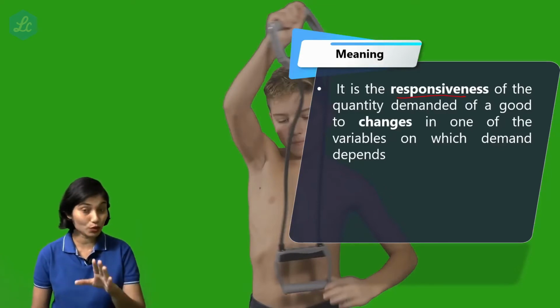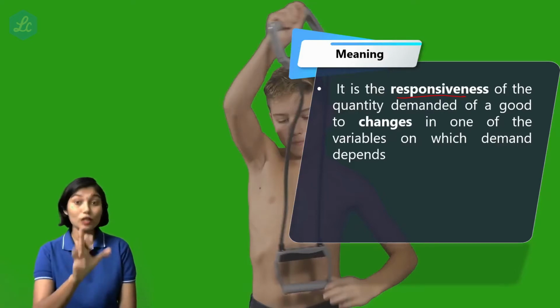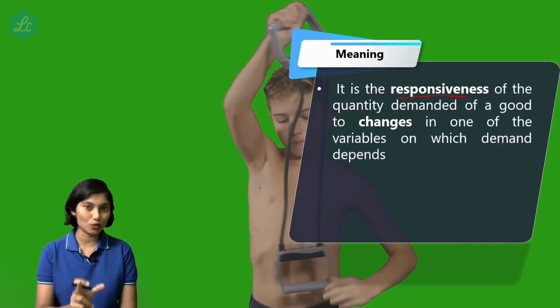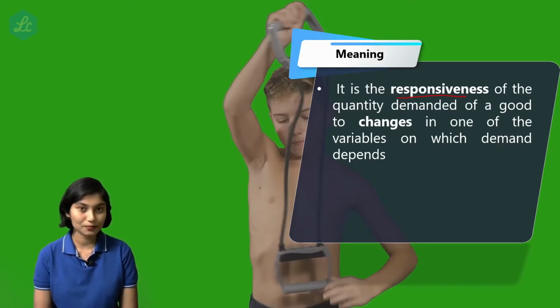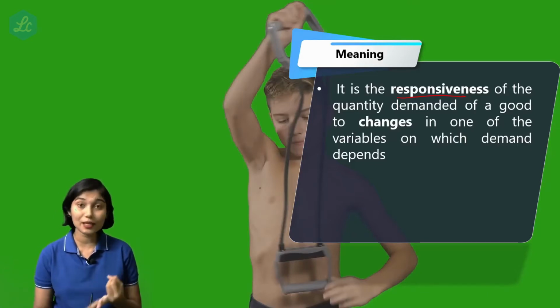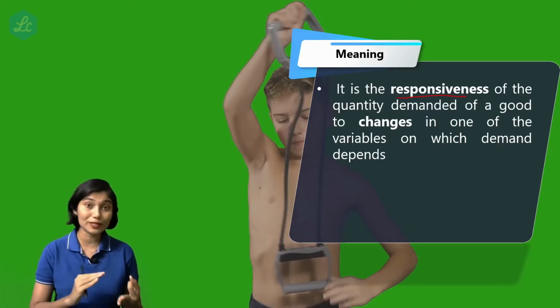For example, you know from the basics of the demand and supply chapter, the theory of demand, that if you have watched my YouTube video on the introduction to theory of demand, you would definitely know that demand depends upon many variables. For example, the price of the commodity, the income of the consumer, the price of substitutes and complementary goods.